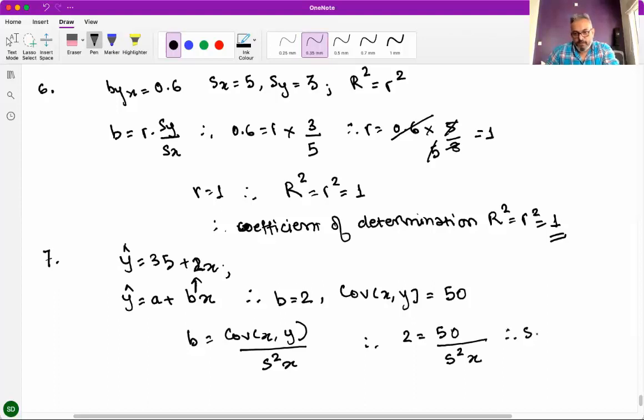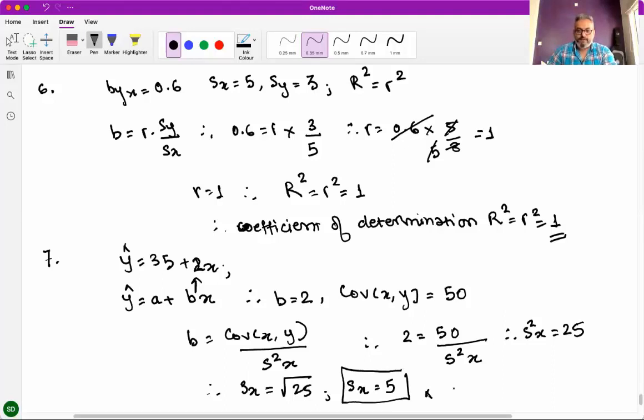Therefore, s square x is equal to 50 divided by 2, which is 25. Therefore, standard deviation of x is equal to under root of 25. Because standard deviation cannot be negative, standard deviation of x is equal to 5. Answer.